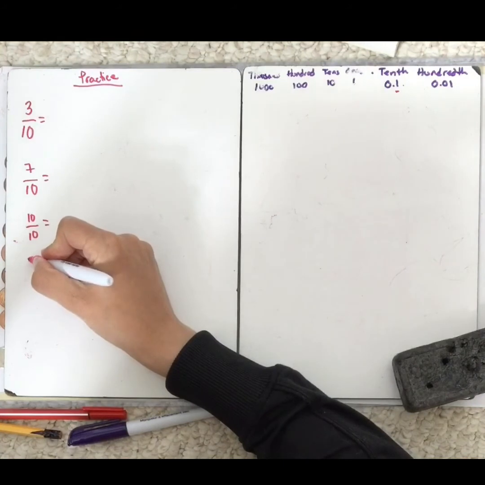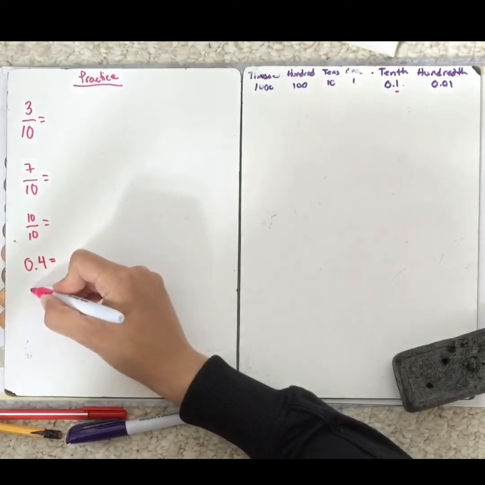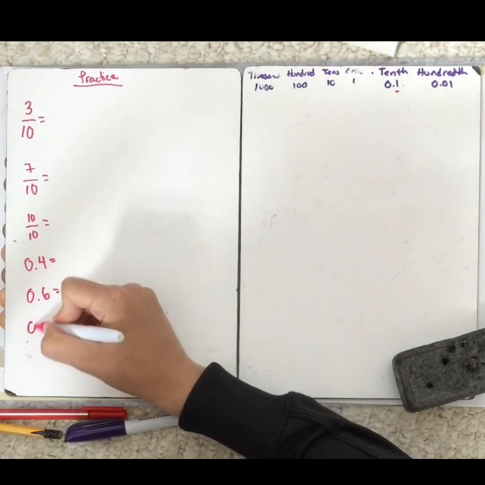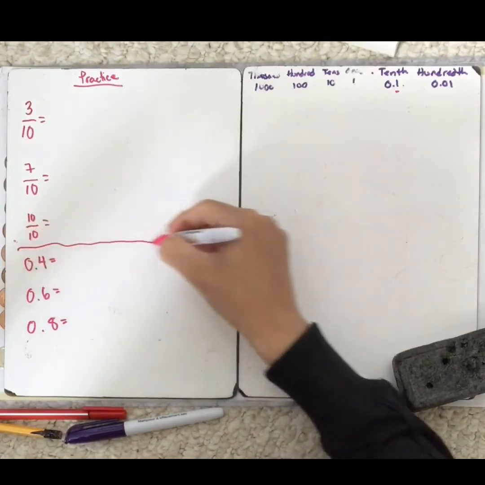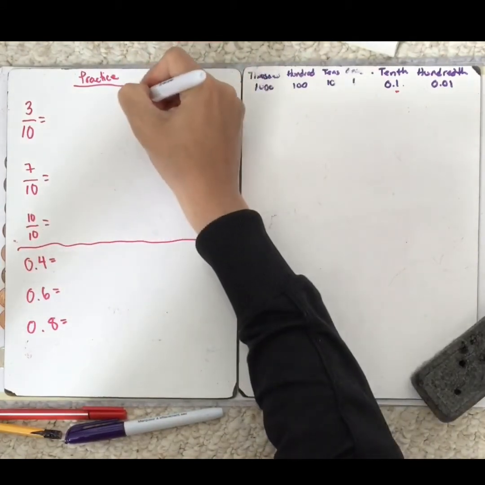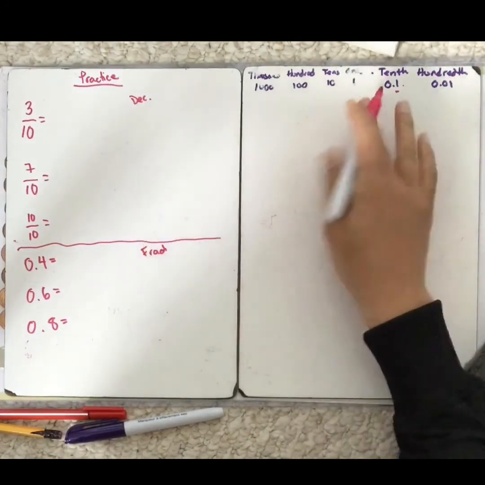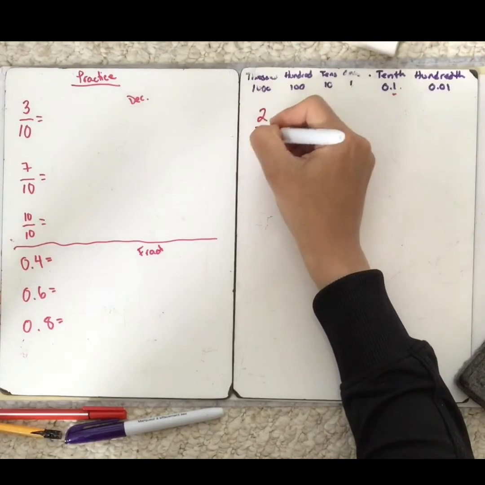What about 0.4? Write that as a fraction. 0.6, 0.8. So writing as decimals, writing as fractions.